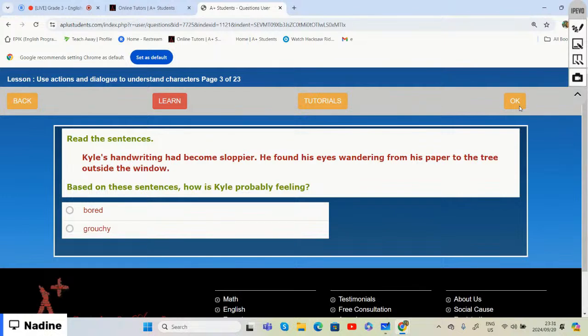The next one says Kyle's handwriting has become sloppier. He found his eyes wandering from his paper to the tree outside the window. So, based on that sentence, how is Kyle probably feeling now that he's busy writing the paper? Easy, option one, bored.